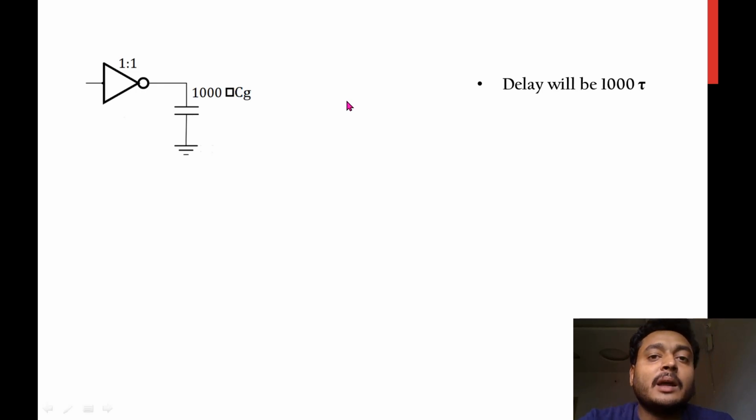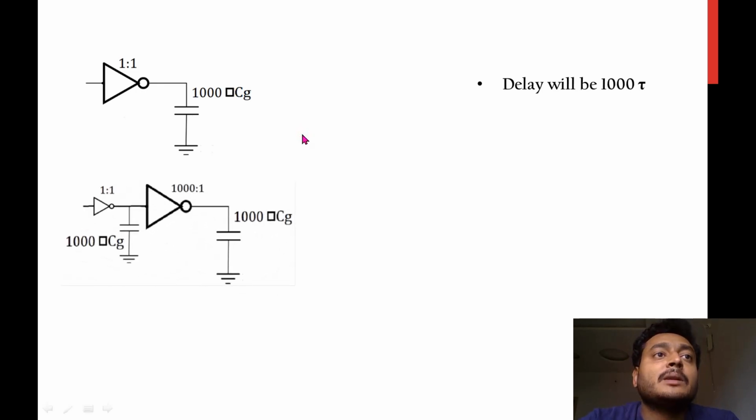I told you that we can try to increase the width of the transistor, and then the delay will come down. So I can go for another example here. Suppose I'm having a 1:1 inverter, and here I go for another inverter, so instead of one inverter I use two. The load is 1000 CG.